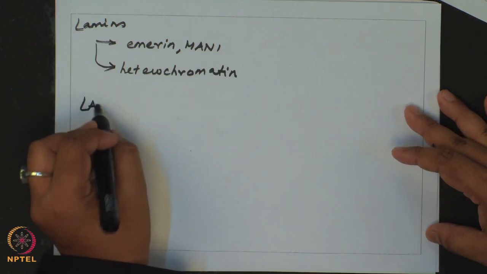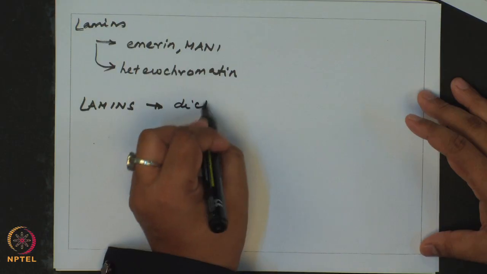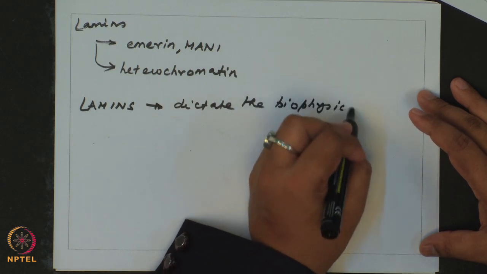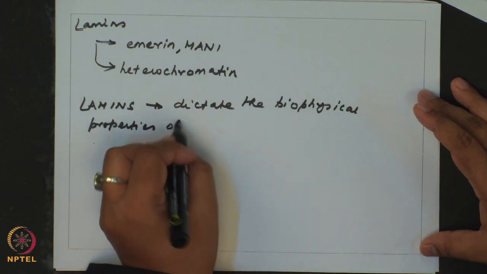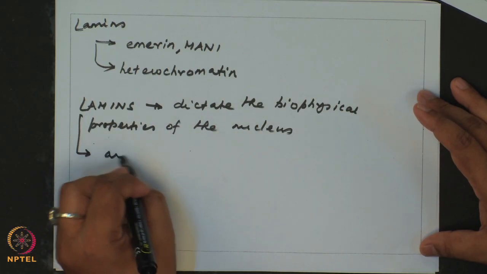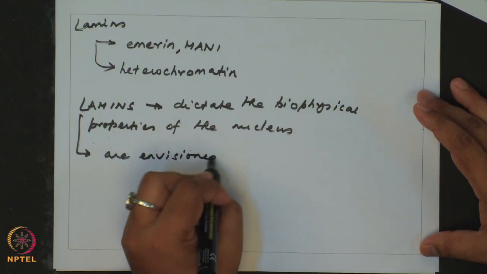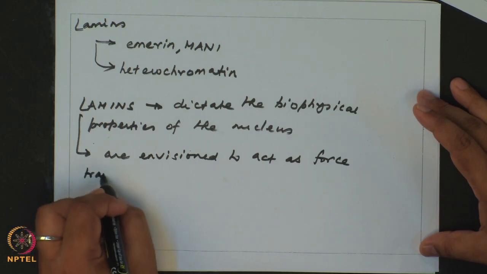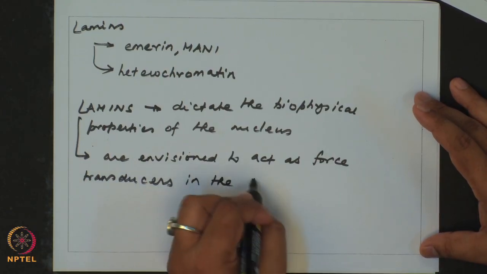Now, lamins given their structural role, they actually dictate the biophysical properties of the nucleus, and it is envisioned that these lamins are envisioned to act as force transducers in the nuclear envelope.